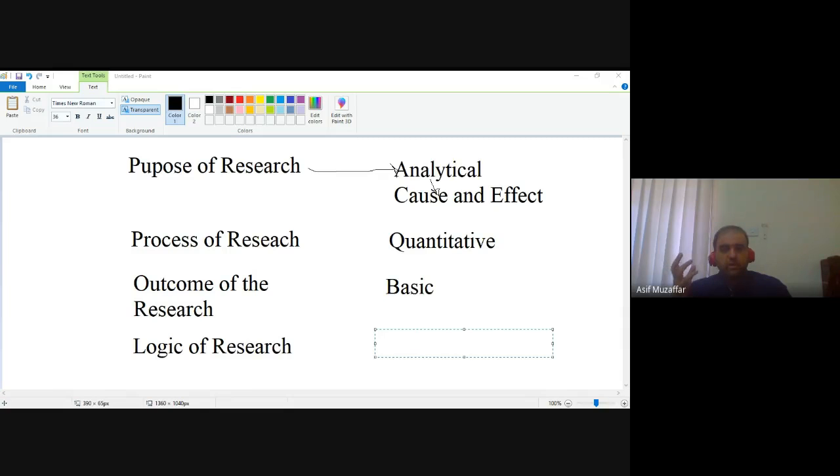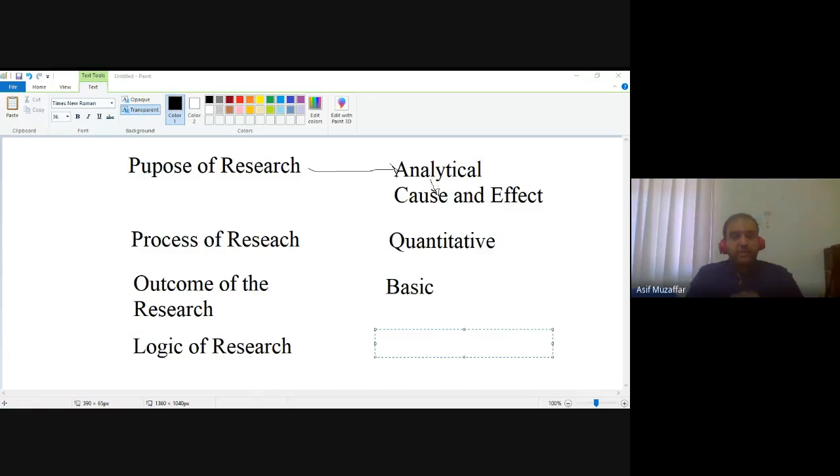Your logic of the research is either deductive or inductive. That means whether you are confirming some theory or you are developing a new theory. Deductive means you are confirming some hypothesis or theory: someone has given that research and you are confirming whether it is true or false in terms of some hypothesis. Whereas inductive means you are developing a new theory, some new insights, by yourself.